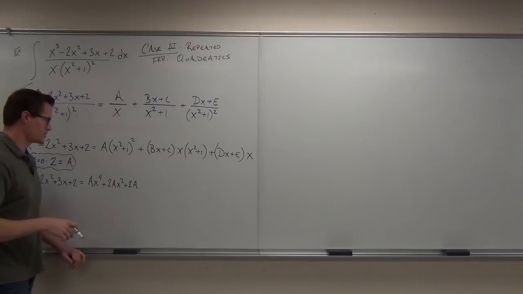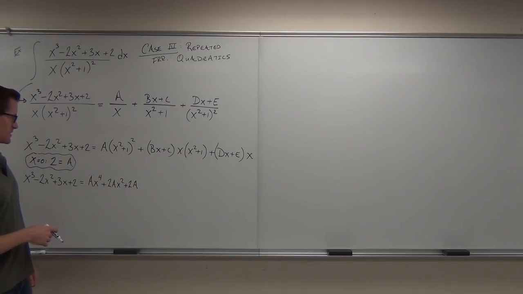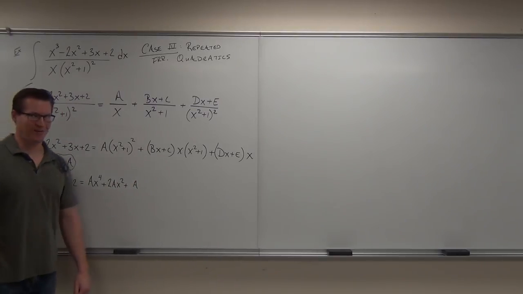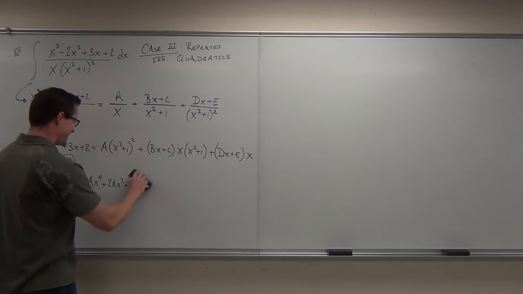You're going to have to double check my work too, because sometimes I make mistakes just like you guys. I hope I don't. You distributed everything. You've got to use PEMDAS.